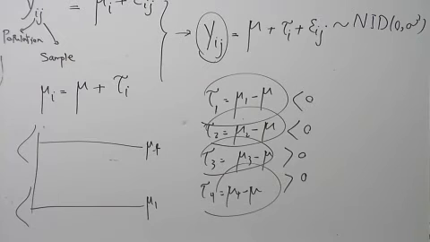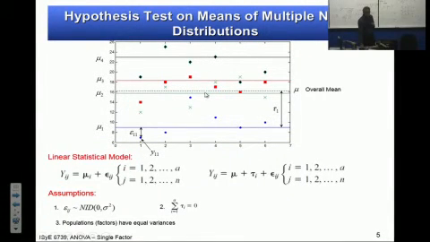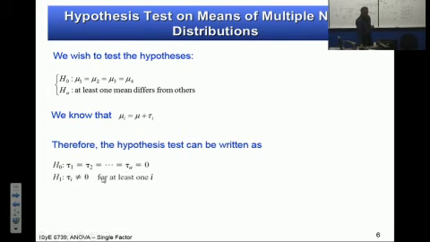If all mu's are the same, which means mu1 is equal to mu2 is equal to mu3 is equal to mu4 and equal to the overall mean, then all tau's are equal to 0. Therefore, I can reduce my hypothesis testing from mu1 equal to mu2 equal to mu3 equal to mu4, to the corresponding tau i's being equal to 0.